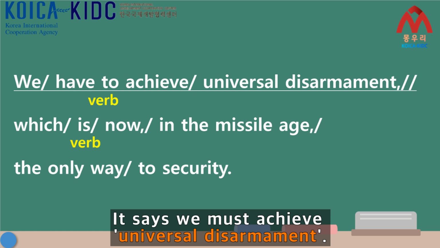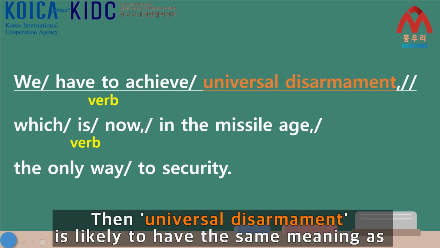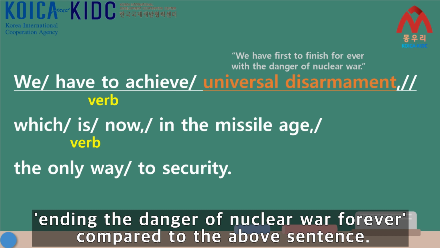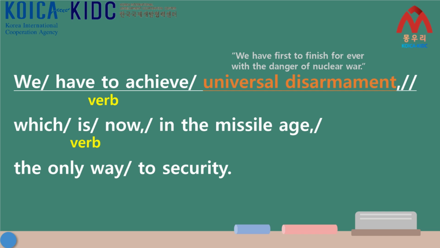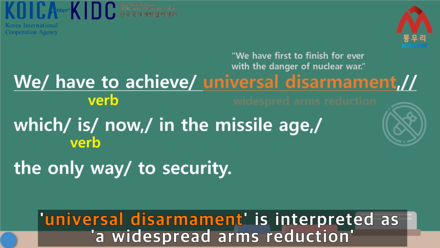It says we must achieve universal disarmament. Then universal disarmament is likely to have the same meaning as ending the danger of nuclear war forever, compared to the above sentence. Now, look for universal disarmament in the dictionary. Universal disarmament is interpreted as a widespread arms reduction.